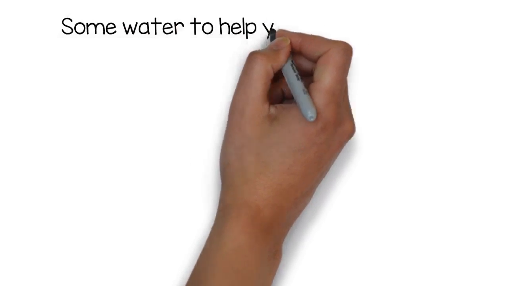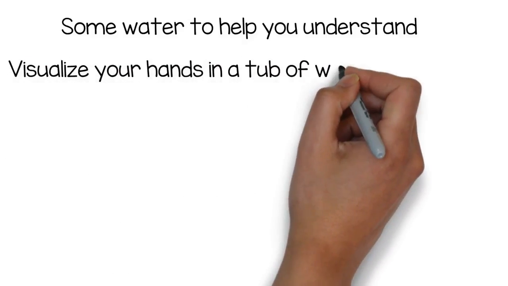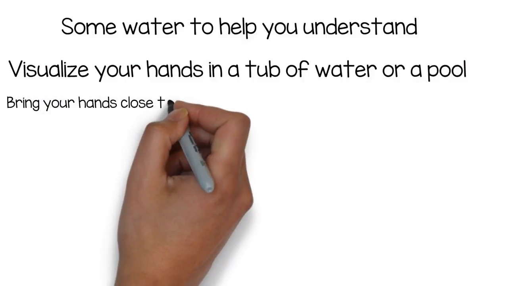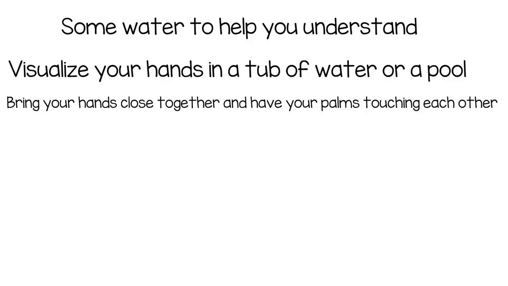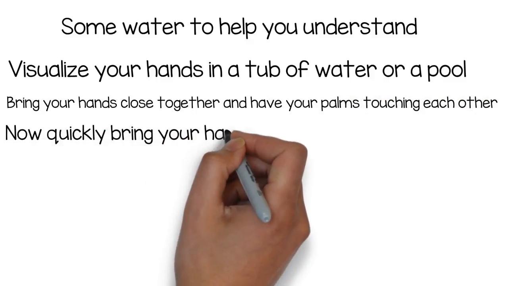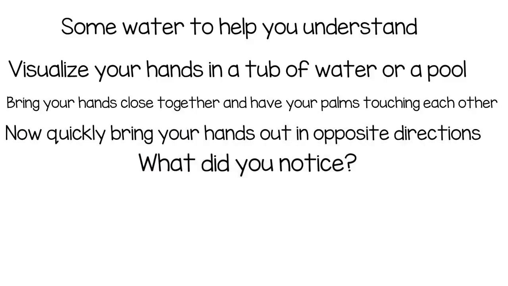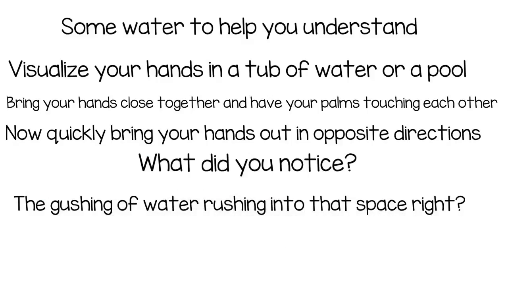Now, for this next part, you're going to need some water to help you really visualize and understand. So imagine your hands in a tub of water or a pool. Bring your hands close together and have your palms touching each other. Now, quickly bring your hands out in the opposite directions. What did you notice? That the gushing of water rushing into that space between your hands, right?